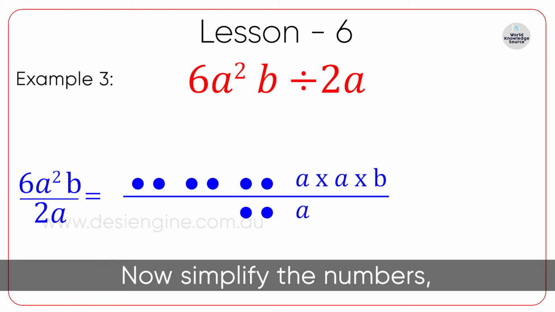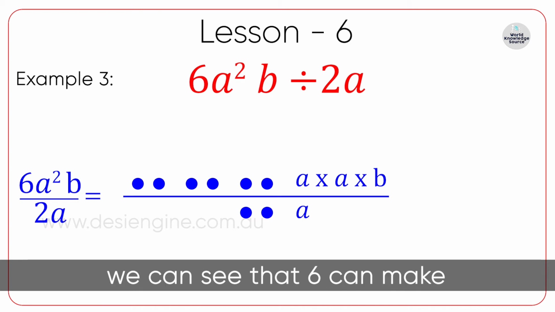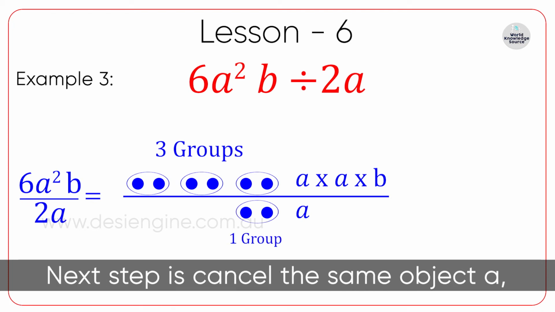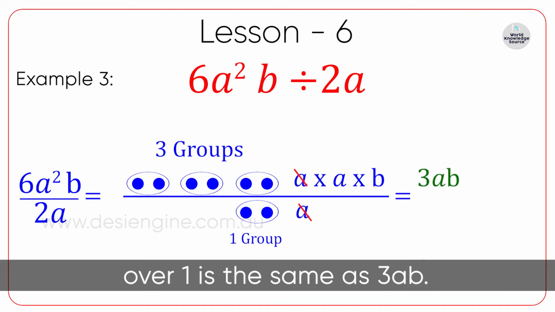Now simplify the numbers, we've got 6 and 2. We can see that 6 can make 3 groups of 2, and 2 can make 1 group of 2. Next step is to cancel the same object a. We have left 3ab over 1, which is the same as 3ab.